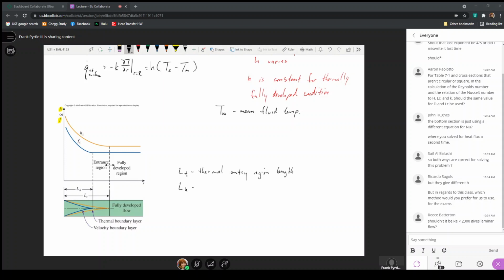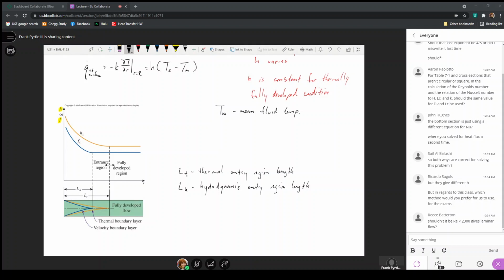And L sub H is the hydrodynamic entry region length. In the thermal entry region length, the heat transfer coefficient is varying. In the hydrodynamic entry region length, the friction factor is varying.